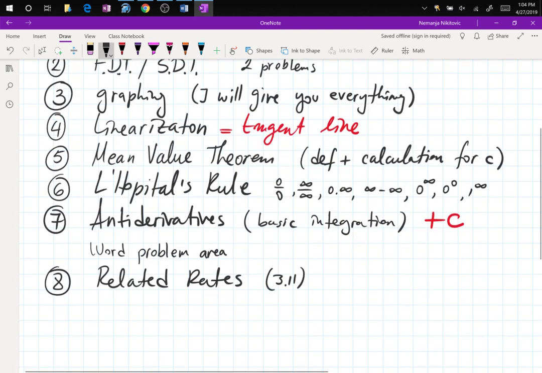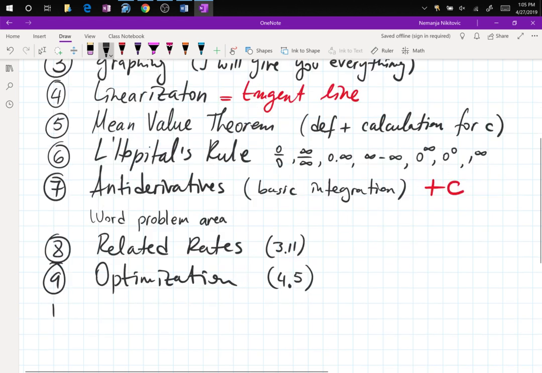You have optimization, which I think was 4.5, I think. Differentials. Instead of guessing, let me just take a look at the book. Optimization 4.5, differentials 4.6.